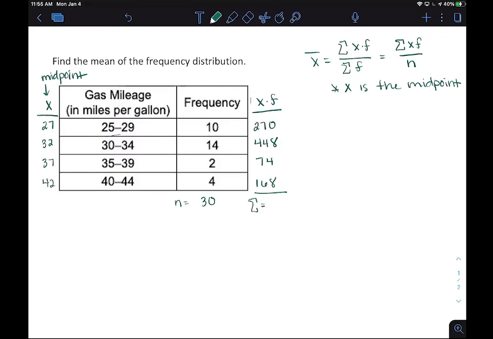And then add these products, and we get 960. So then our mean equals 960 divided by 30, which equals 32.